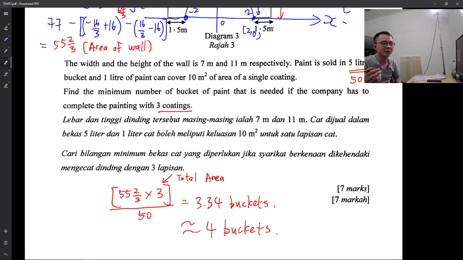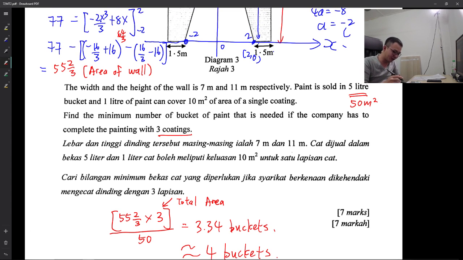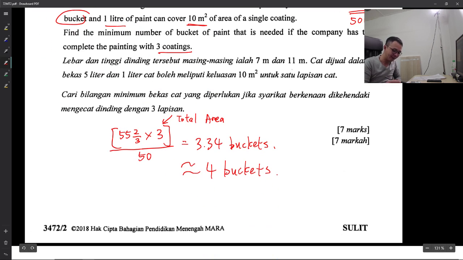Alright, so divided by 50. Okay, because over here the question, if you read the question, paint is sold in 5 liter bucket, and 1 liter actually can paint 10 meters square. Okay, but then you have a paint here.